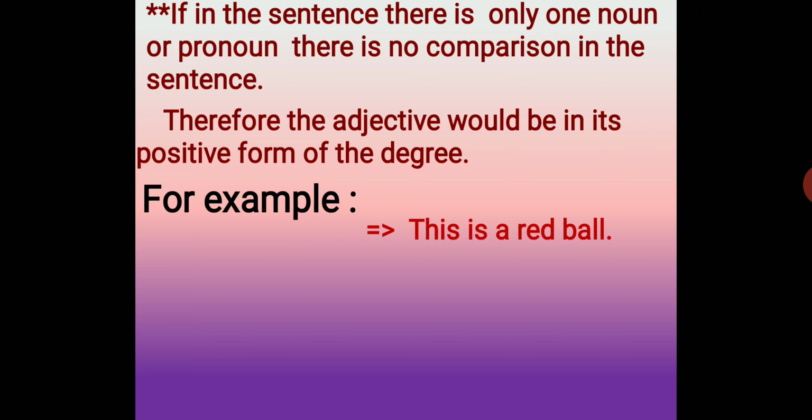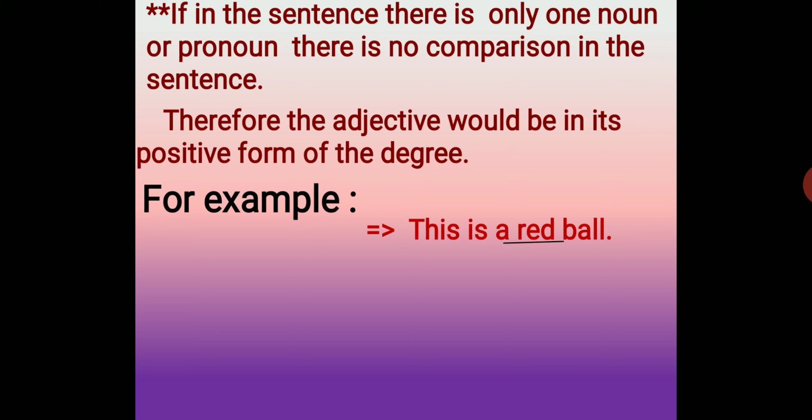This is a red ball. Here, first of all, we identify the adjective from the sentence. What is the adjective in the sentence? If we want to identify an adjective from the sentence, what question will we ask? How? So, we will ask about the ball: how is the ball? What will be the answer? Red.